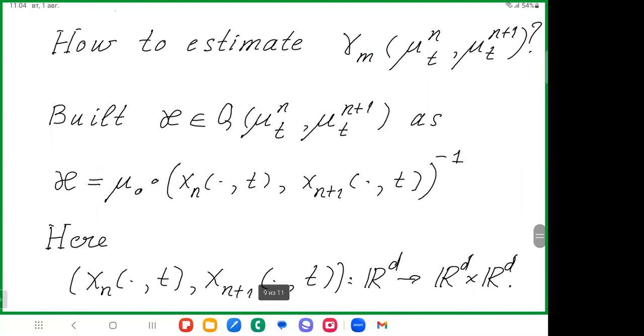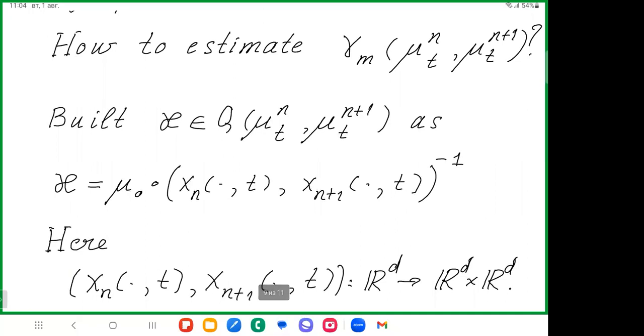And then the distance between mu tn and mu tn+1 can be estimated through the distance between xn and xn+1. So we will now have the possibility to apply Gronwall-Bellman, and after this to use the usual argument to get the convergence of the iterations.